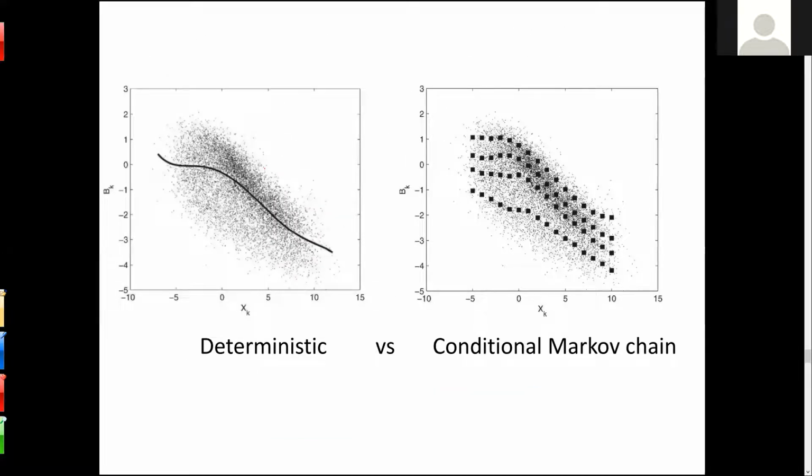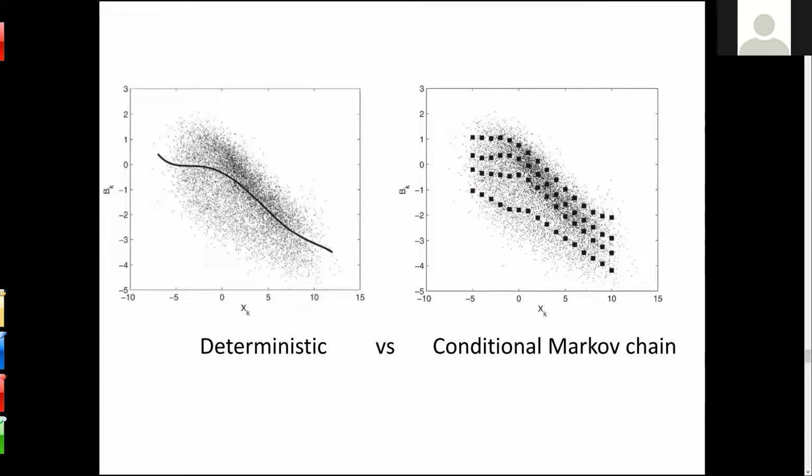So this is the difference from the deterministic. If you have a deterministic with a polynomial fit, then you have one value for BK for a given x. For conditional Markov chain, you need to make bins. So you need to divide the interval for x, and then for each range of values for x, you have to create bins for BK that you will use to estimate the transitions.